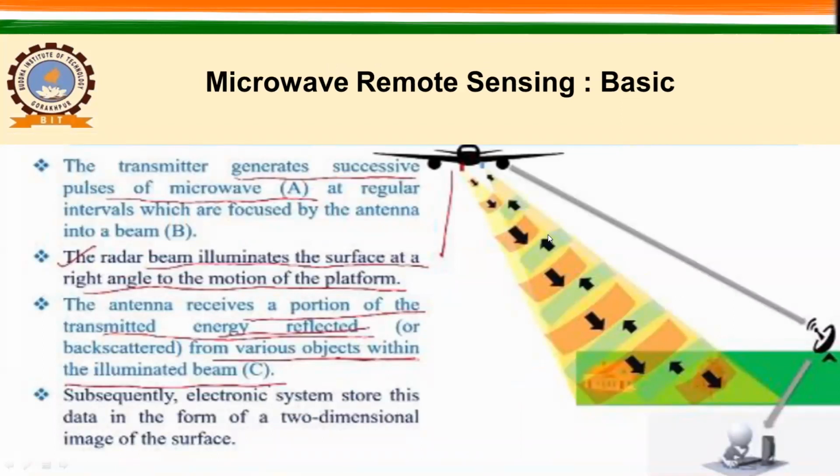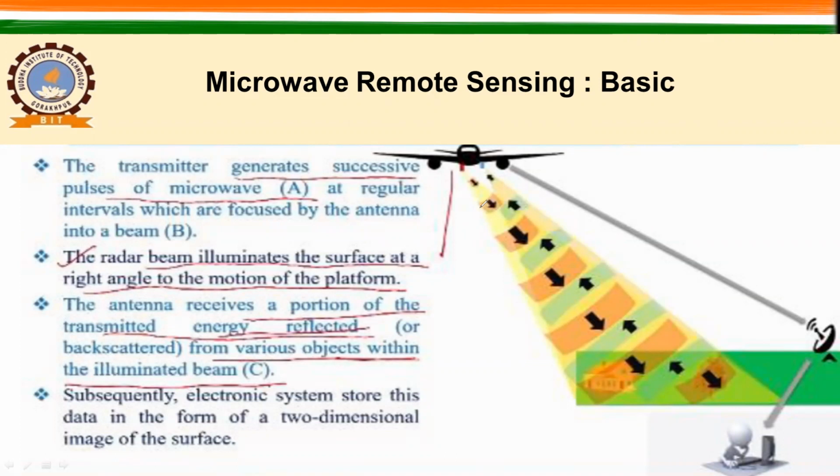let us understand what exactly is happening here in this figure. The transmitter generates successive pulses. ठीक है, transmitter जो है वो successive pulses को generate कर रहा है of a microwave. So the microwave energy, right? जब भी वो pulses generate करेगा तो microwave energy को वहाँ पे successively generate करेगा.